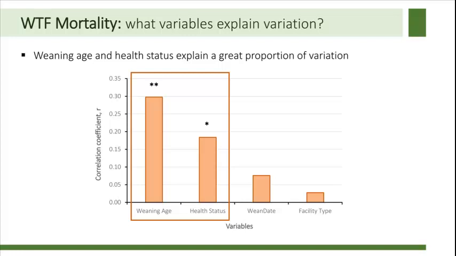But the main two variables that explained a great proportion of the variation in this case were weaning age and the health status of the sow farm.